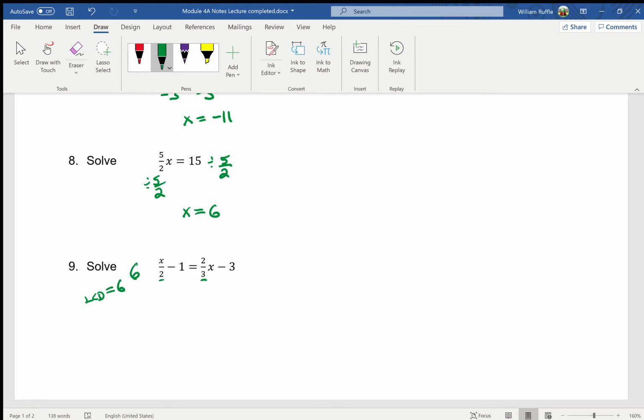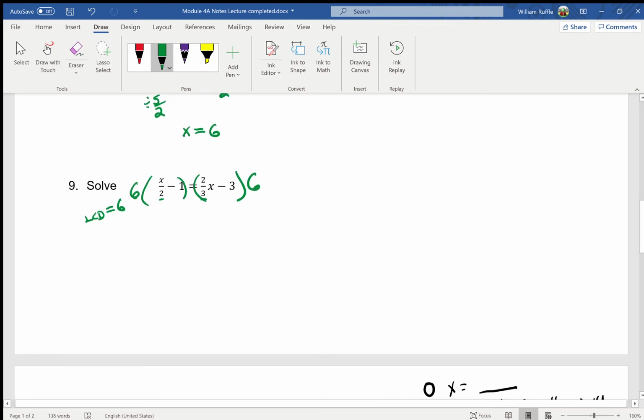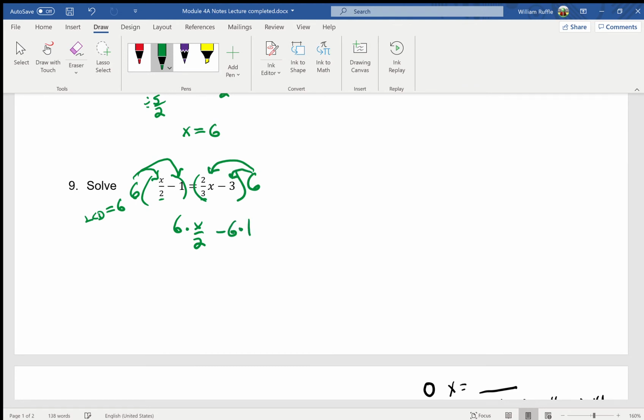So I'm going to multiply everything by 6. I'm going to do 6 times x over 2, because remember, I have to distribute it to each thing inside the parentheses. Minus 6 times 1 equals 6 times 2/3 x minus 6 times 3.